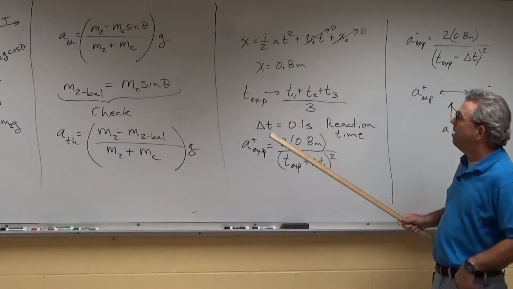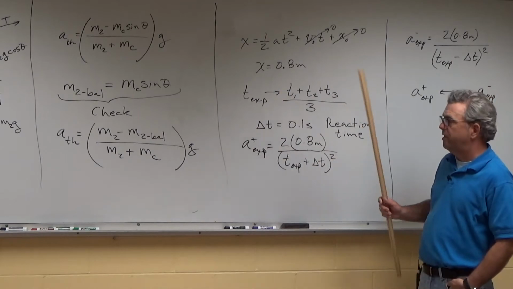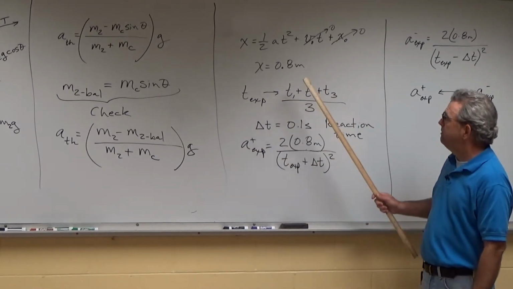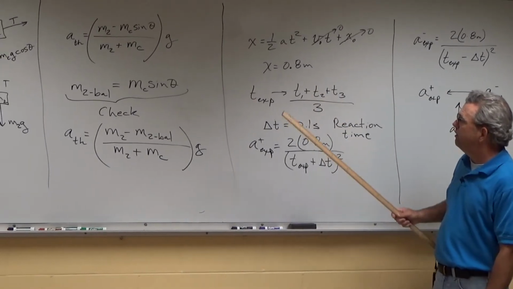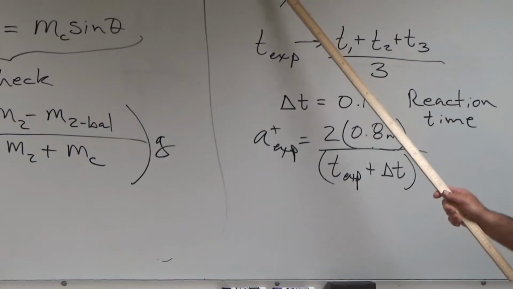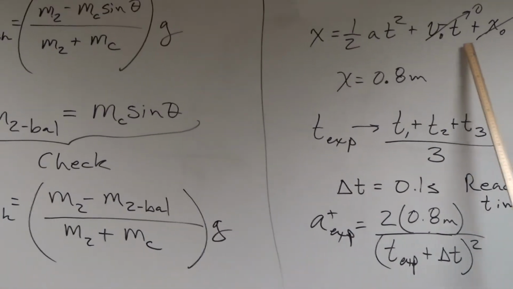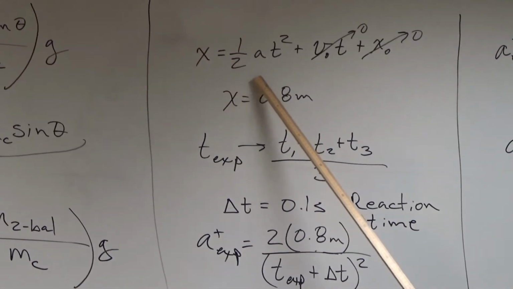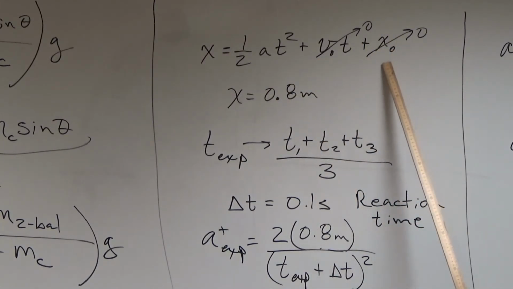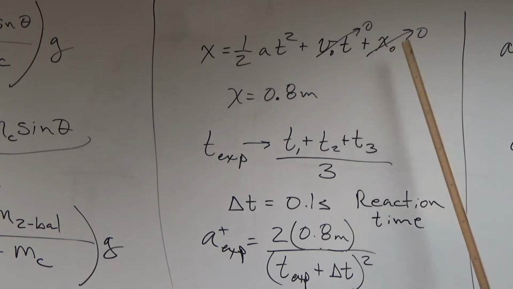Okay, so here's the calculations for the acceleration based on the times that we took and that distance, 0.8 meters. We know from what we've done in class that the constant acceleration equation is x equals 1/2 at squared plus v0t plus x0. These 2 terms are 0.